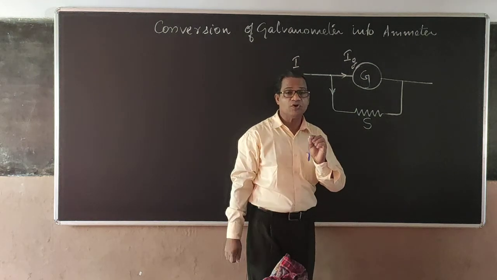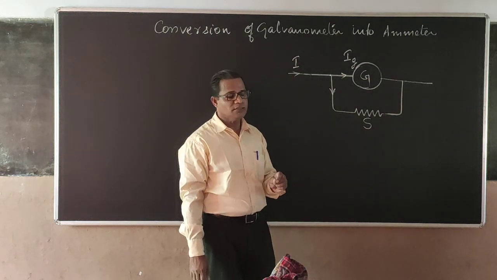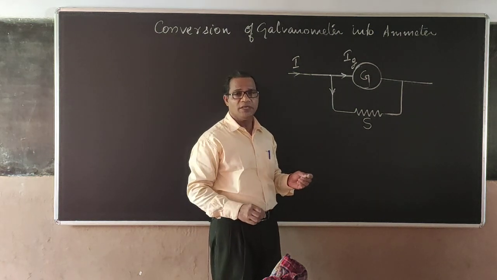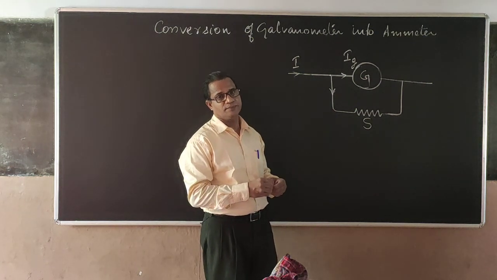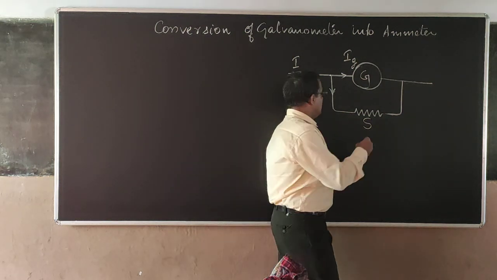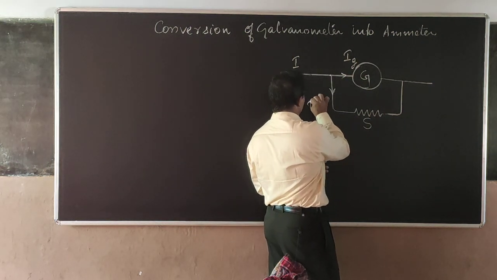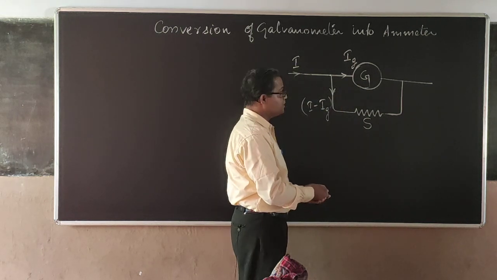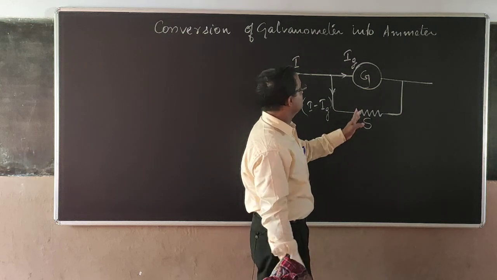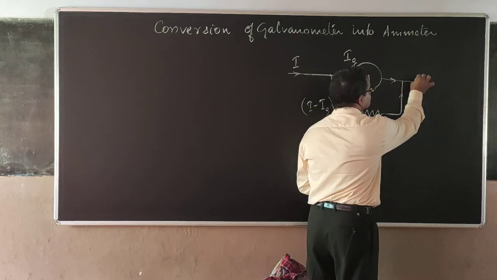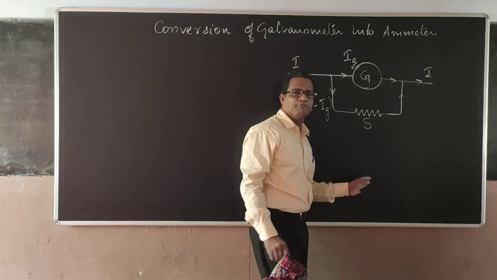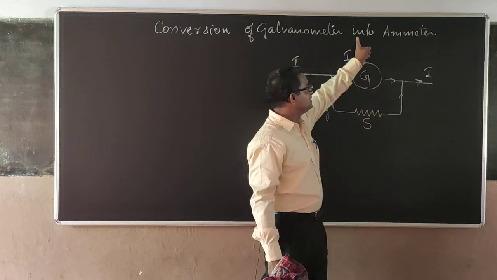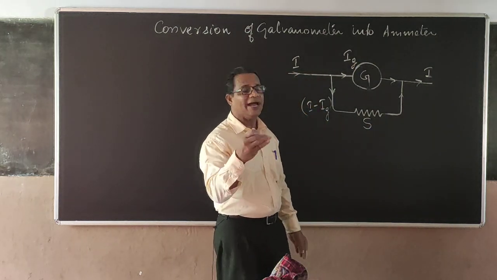Ig is called the galvanometer current, the maximum current that is allowed through the galvanometer without spoiling it. The remaining current, I minus Ig, flows through the shunt resistance as per Kirchhoff's first rule, and it reaches here and flows out as I. But in between, as the splitting takes place, this galvanometer is getting calibrated to act as an ammeter.